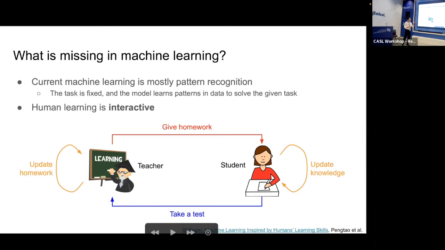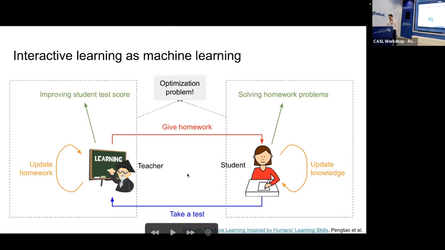So by interacting, the teacher and students make this teaching and learning experience more efficient and helpful. But we're not at a social science workshop, we're at a machine learning workshop, so we want to understand this from the machine learning perspective.